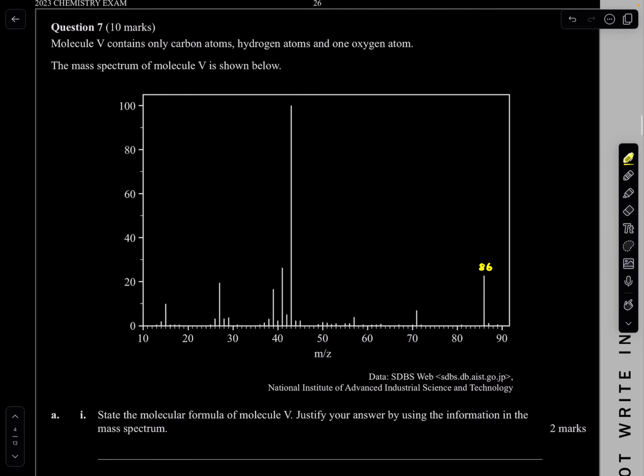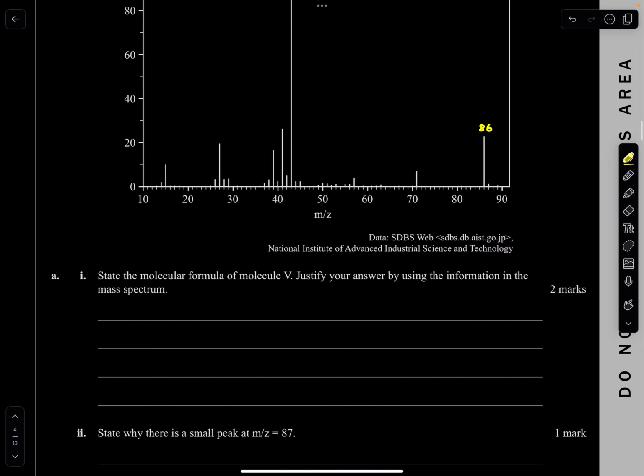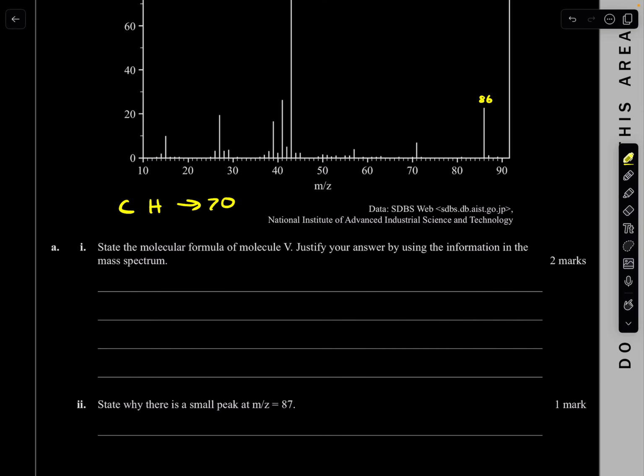Now we know it has 1 oxygen atom. So imagine you take 86 minus 16, because that's 1 oxygen atom, we should have a mix of carbons and hydrogens that add up to a total of 70 molar mass overall. How do we know what that is? Let's say there are no double bonds.